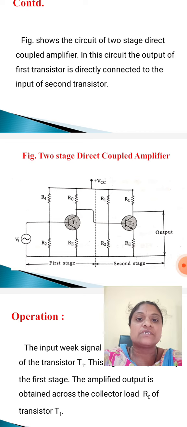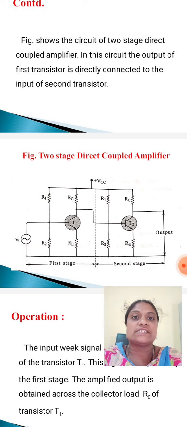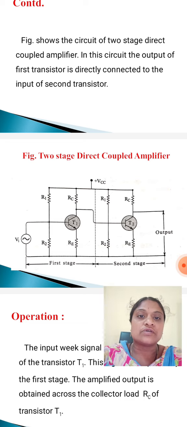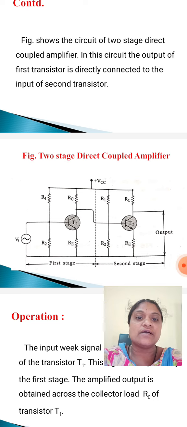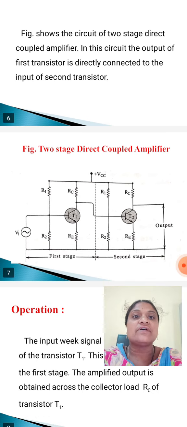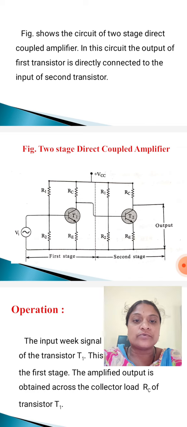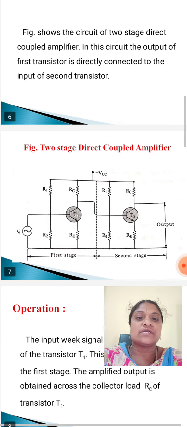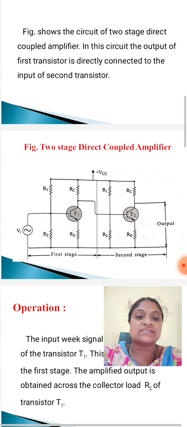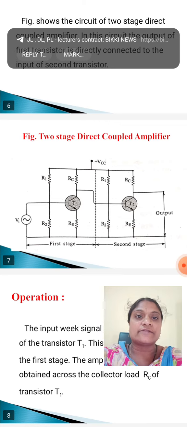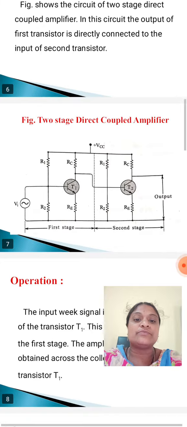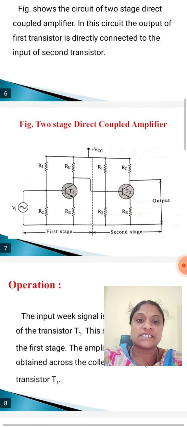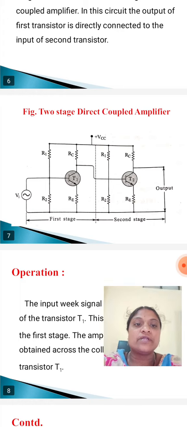In this circuit, the output of the first transistor is directly connected to the input of the second transistor, simply by using a single wire. This is the construction of the two-stage direct coupled amplifier.